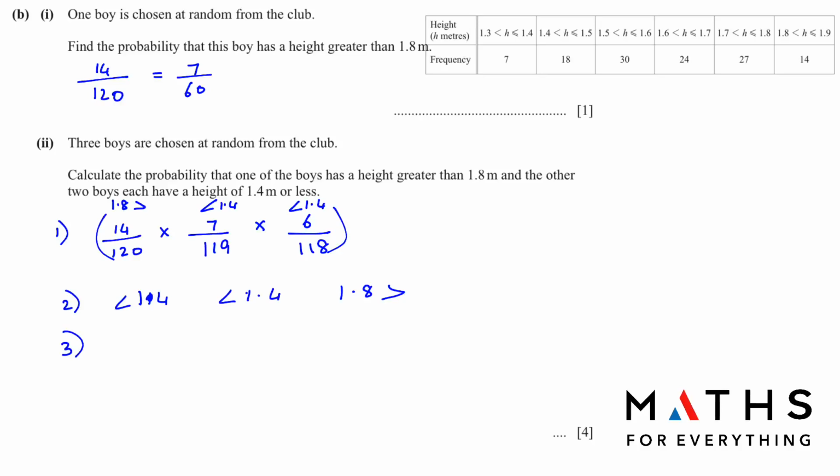Or it could be that the first is less than 1.4, the second is more than 1.8, and the third is less than 1.4. They did not give us the order, so it could be any of these 3 options. That is the reason we multiply this frequency by 3. This will give us 21 over 20,060. I hope you understood why we are multiplying by 3, because there could be 3 possibilities.